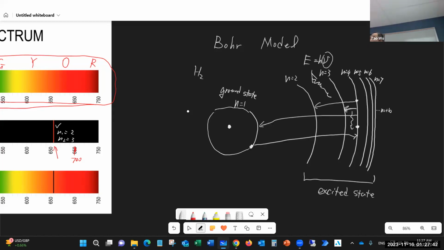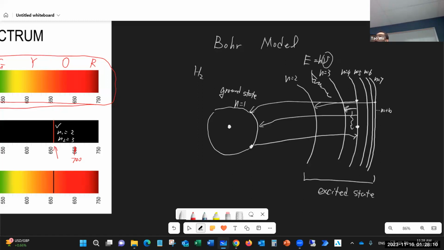And maybe from 7 to 1, if these electrons jump back to number 1, they release much more energy. And this energy has a really, really small wavelength, which is not fitting 400 to 700, maybe fitting the UV light. And then you cannot see that, right?